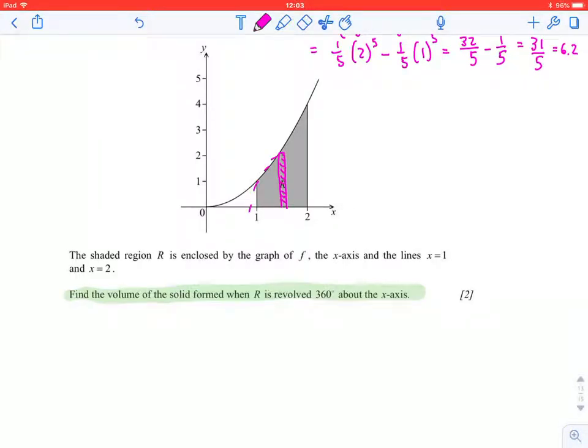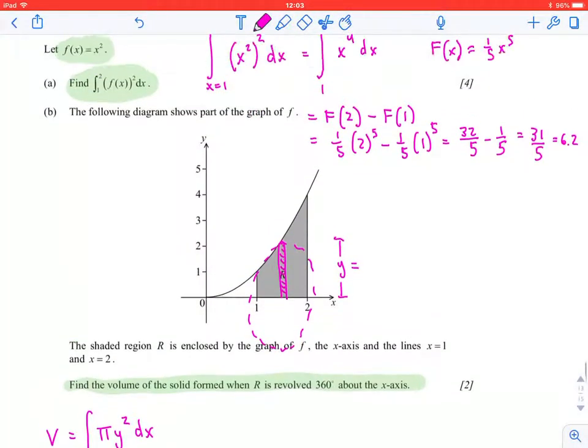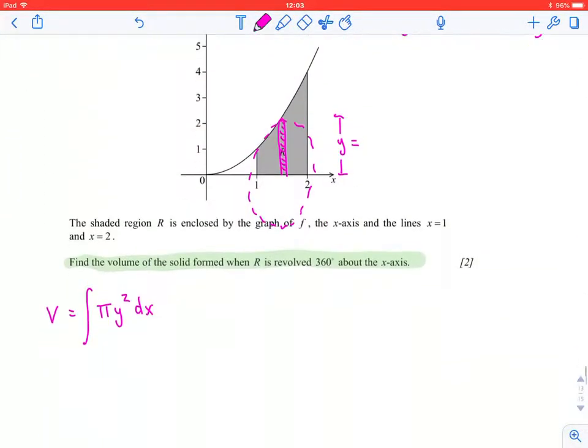This is the strip that we are rotating around the x-axis to form a little disk. So the way that we know to find this volume is we are going to take pi y squared dx. Y, remember, is the height of our strip, and we know that y is equal to x squared.